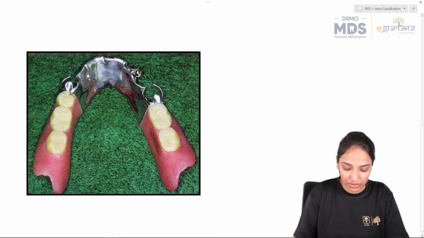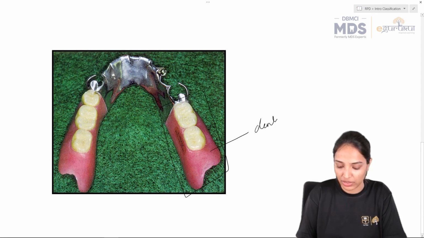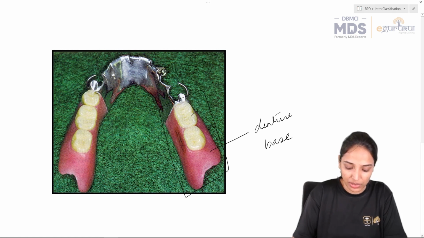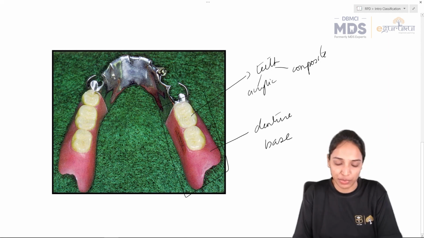Now, the cast partial denture that we actually give to the patient has this acrylic component also. So this here is called the denture base, and these are called the artificial teeth. They can be made of acrylic, they can be made of composite, or they can even be made of porcelain.